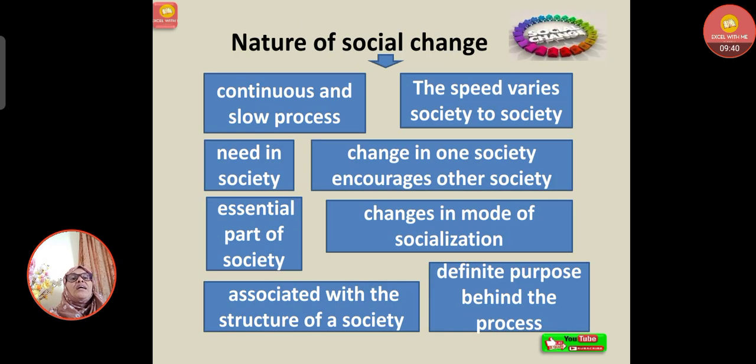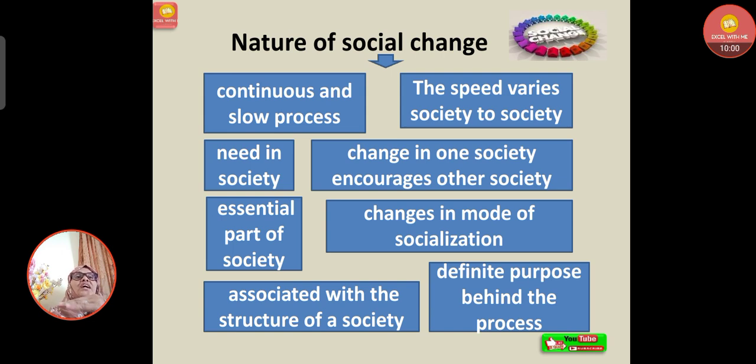Now coming to the nature of social change here, the process of social change is continuous and it is a slow process also. There is need of social change in society. Society cannot stop social change. Change is the essential part of society.